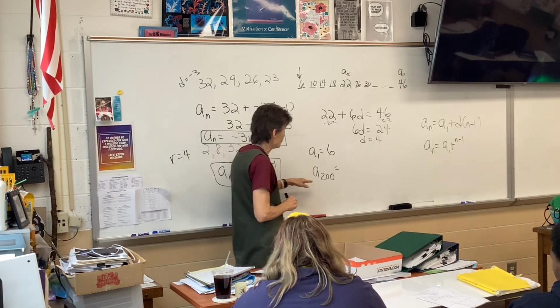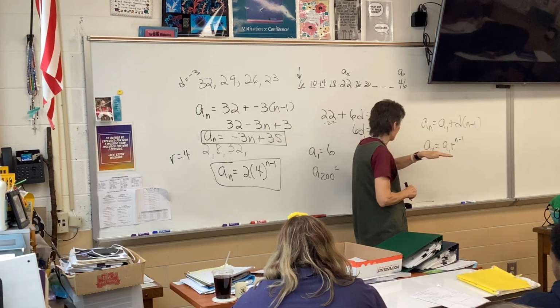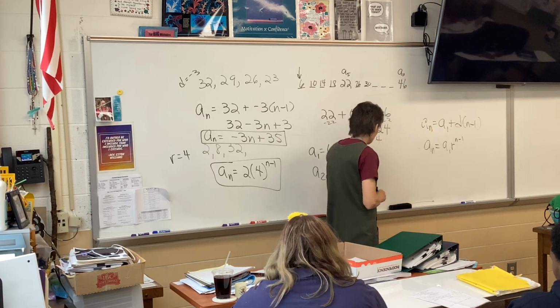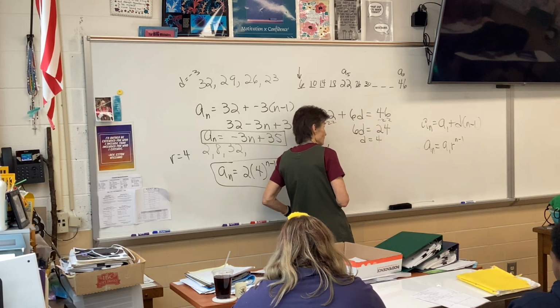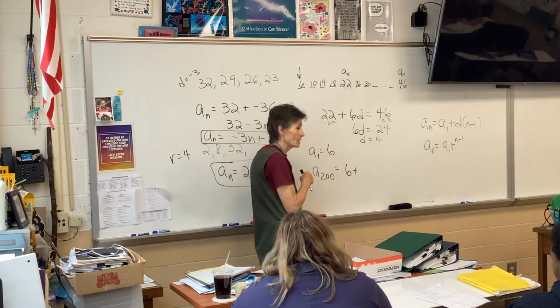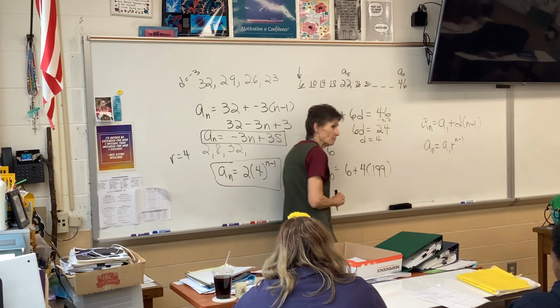And then to find the 200th term, I could keep adding 4, but I really don't want to do that. I'm going to use my formula that says the 200th term is the first term, which we just figured out, plus the common difference times 199.